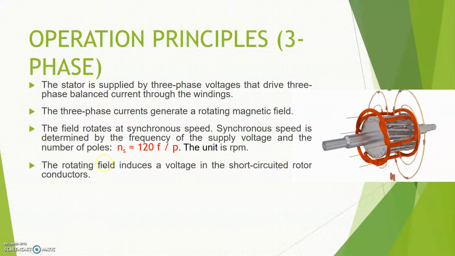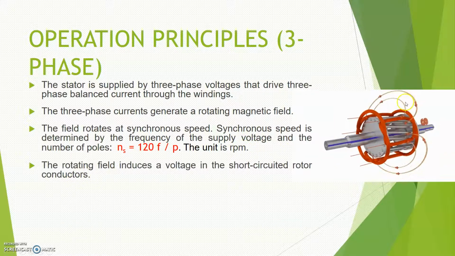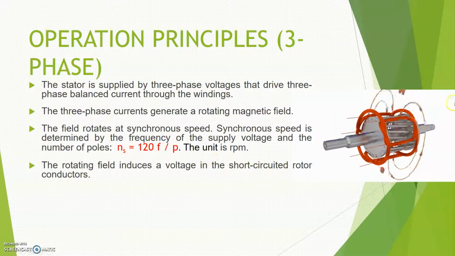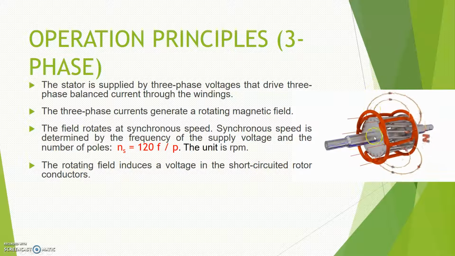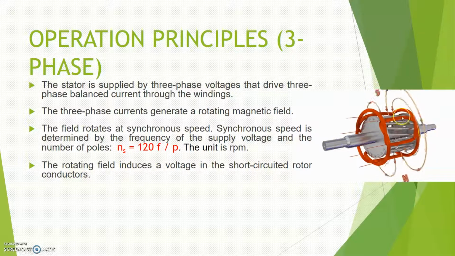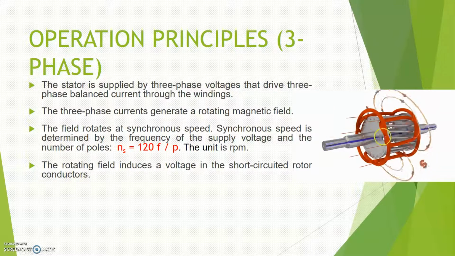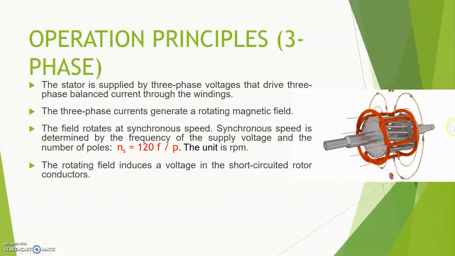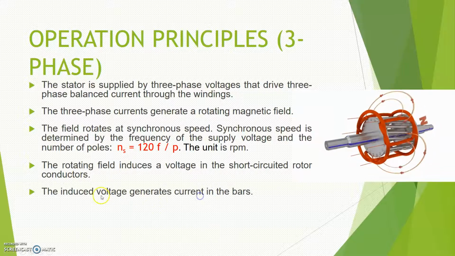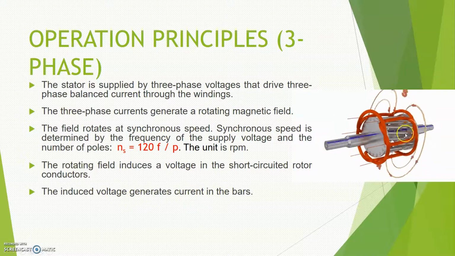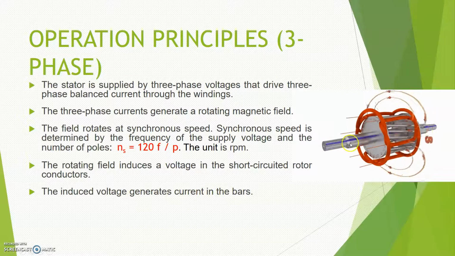The rotating field will induce a voltage in the short-circuit rotor conductor. Once the rotating field rotates across the rotor, it will induce the voltage in the short-circuit rotor conductor. Then the induced voltage will generate the current in the bar, and the blue color represents the current in the bar.